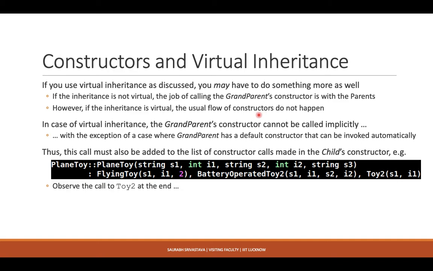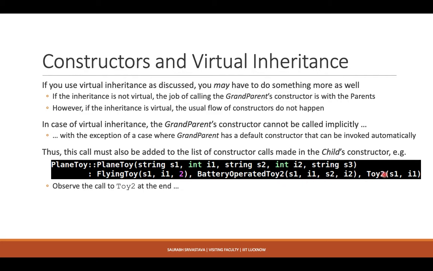But it is possible that in the grandparent class you do not have a default constructor at all. In such a case, the compiler will again raise an alarm. It will say, I really don't know how to create an instance of toy 2 first, and then only can I use that instance to create instances of flying toy and battery operated toy.